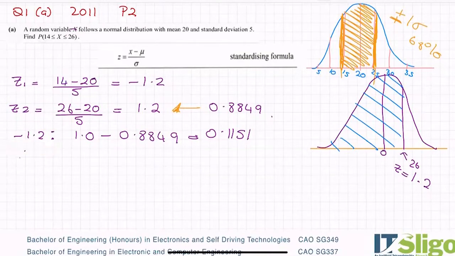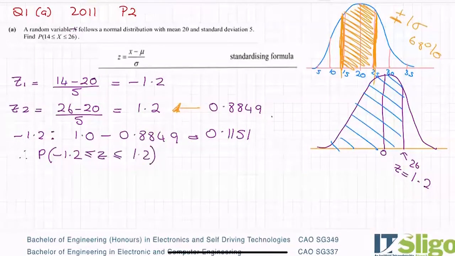So therefore the probability of being between minus 1.2 and 1.2, which is the same as being between 14 and 26, it's just normalized, is 0.8849 minus 0.1151.